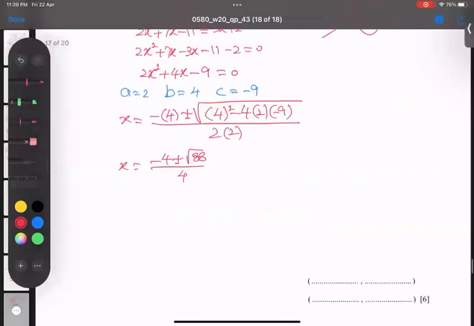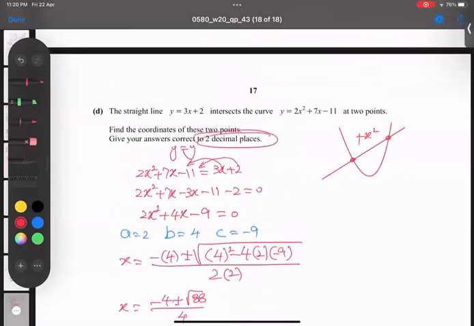Now I will make a break here: one x value here and one x value here, one with plus and one with negative. Let me show you the answer. I'm writing it directly now. One value comes to 1.345. And he's asking for 2 dp.